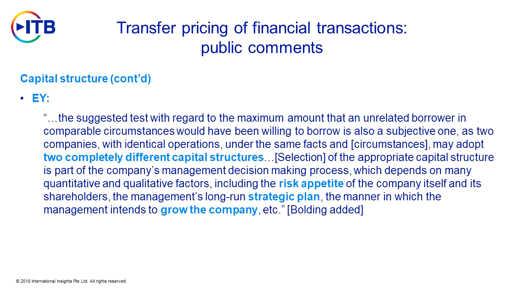Selection of the appropriate capital structure is part of the company's management decision-making process, which depends on many quantitative and qualitative factors, including the risk appetite of the company itself and its shareholders, the management's long-run strategic plan, the manner in which the management intends to grow the company, etc.